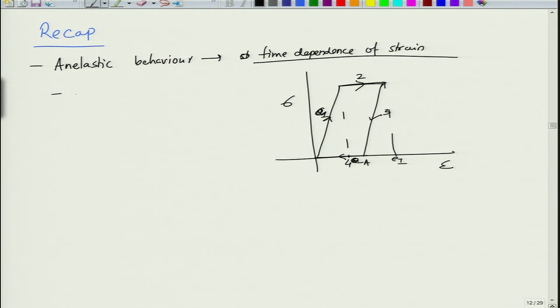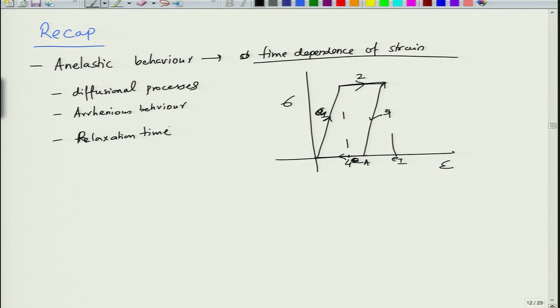And this is because of diffusional processes, which are explained by Arrhenius behavior. And these are characterized by a time which is called a relaxation time, which is a particular time for something to occur for a given phenomenon. So, the average time taken by, let us say, atoms to move from one place to another.